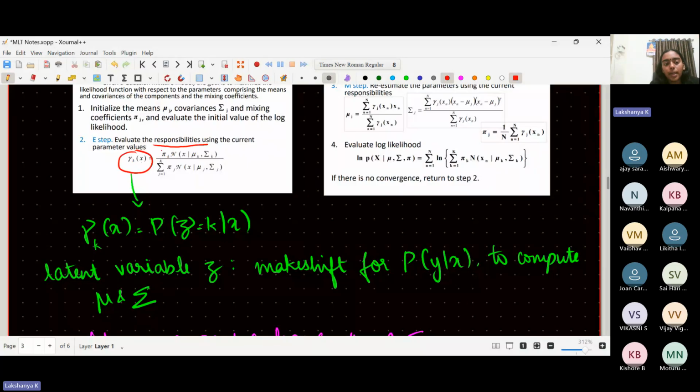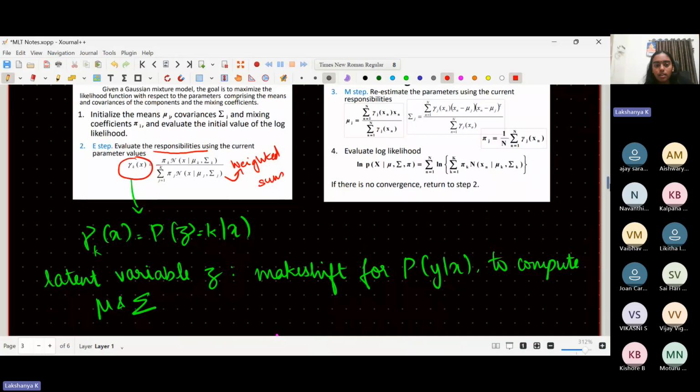It is given by the weight for that class into the normal distribution PDF value for that class for that data point, divided by the summation across all classes of the weight of that class into the normal distribution PDF for that class for that data point. So it's like the probability of this data point belonging to this class divided by the weighted sum across all classes. You can think of the denominator like a weighted sum. This term is what we call the responsibility.